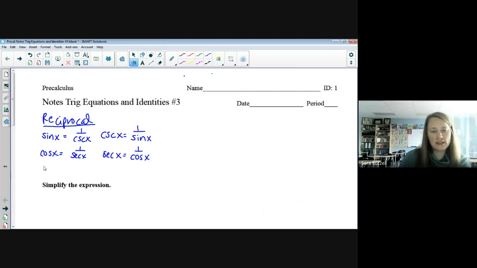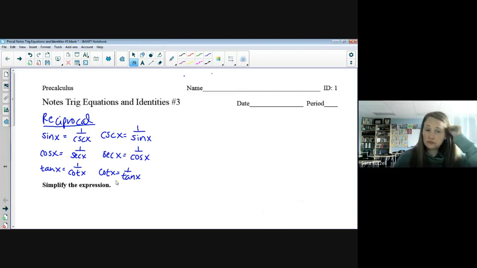Then the last one is tangent. Tangent is 1 over cotangent, and vice versa. So these are our reciprocal identities.